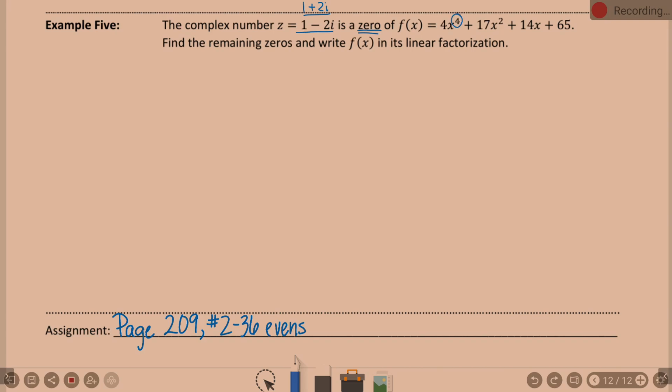Is this where PRR is coming? Nope. We're not even going to do PRRs because here's the deal. My other two answers are also going to be imaginary. I'll tell you that up front. We're going to use synthetic division. They told us a 0. We don't have to go to PRRs because you're not going to get anything that works. This is not going to have any x-intercepts.